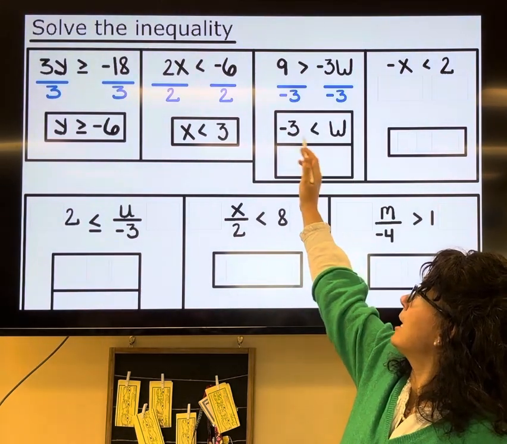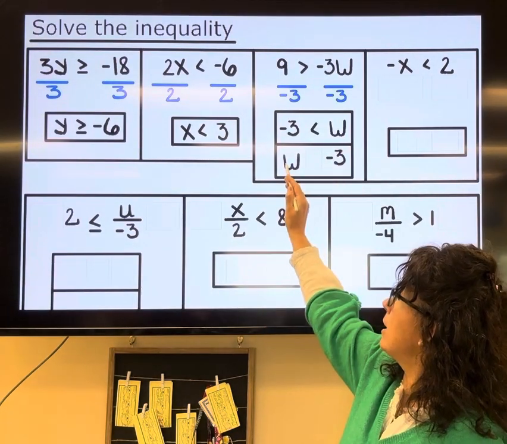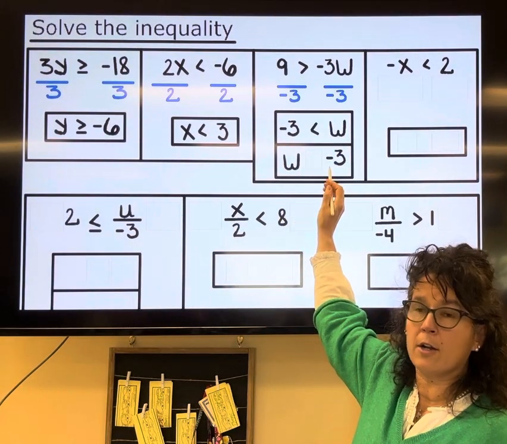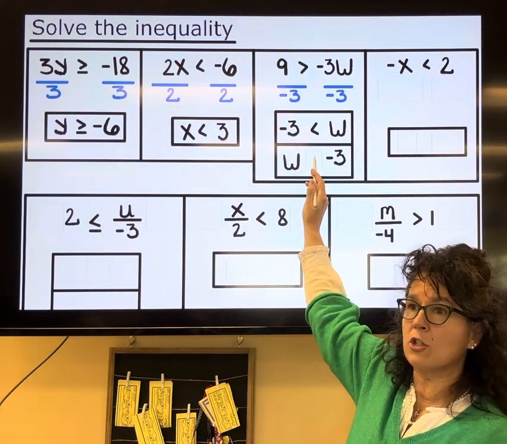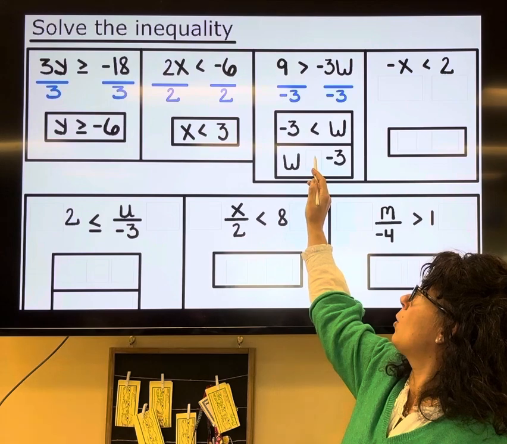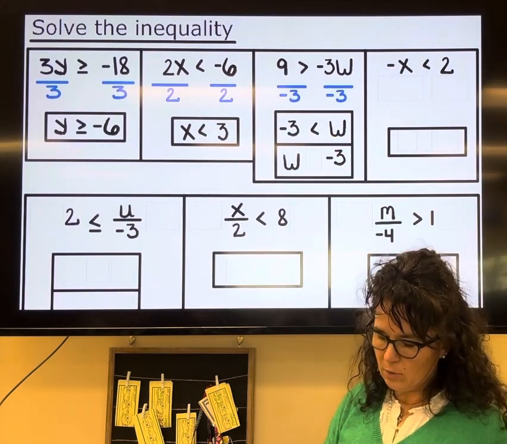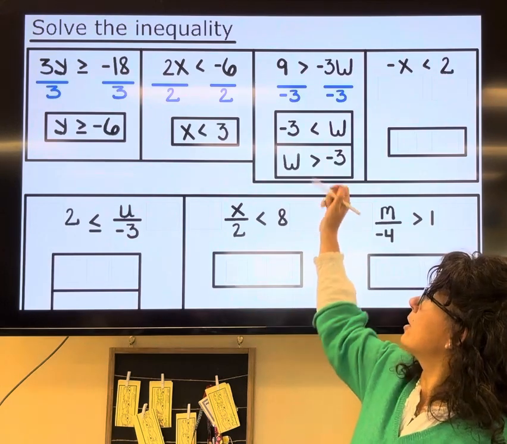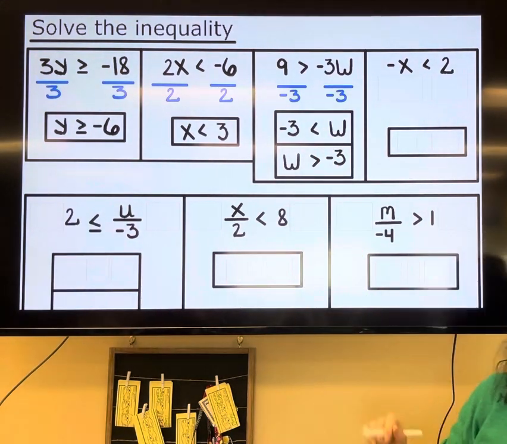So if you decide to change places here, so I put the w here and the negative 3 here, if you flip-flop those, then you've got to also change the direction of our inequality. It used to be eating the w, and it should still be eating the w there. So notice if I change sides, I change the direction.